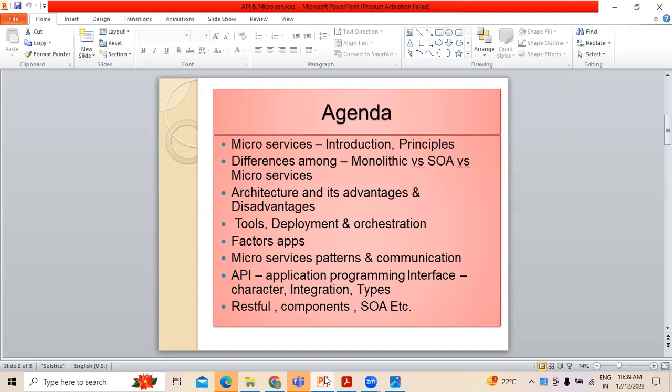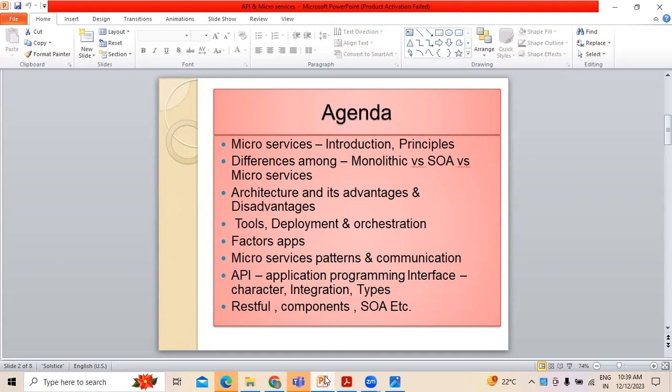So access among two different applications has to be developed, and for that we generally develop APIs. So we need to write APIs, and that API integration, application programming interface integration, is more important.